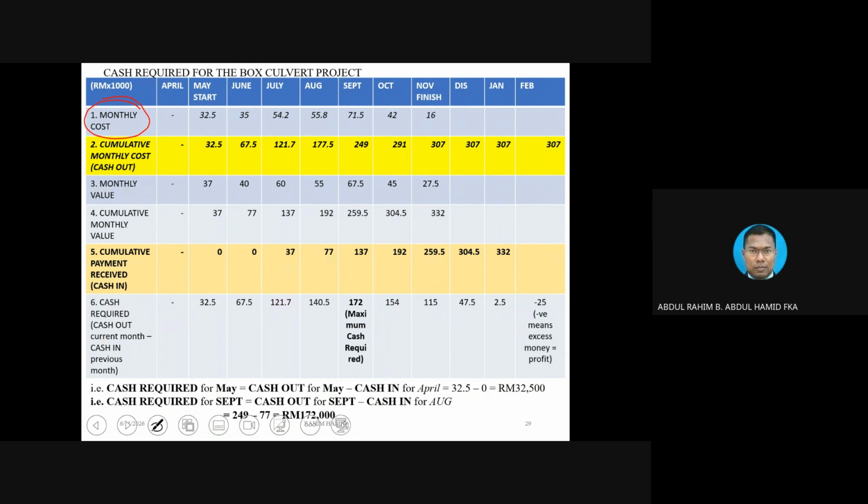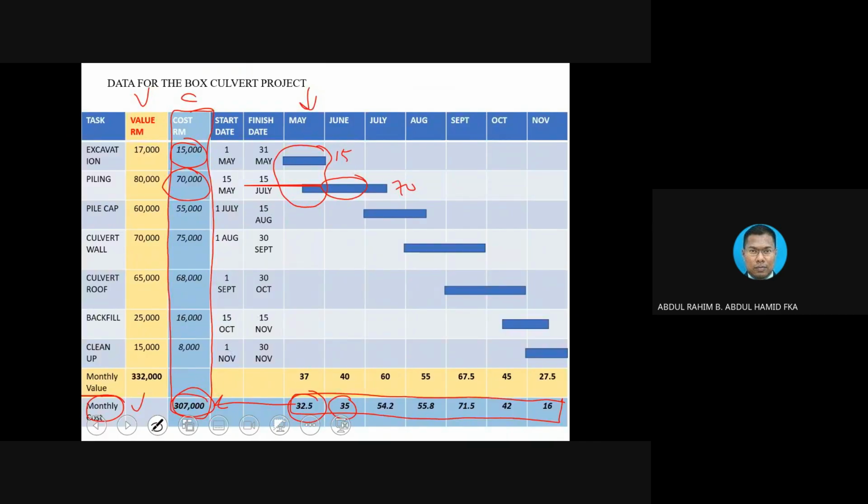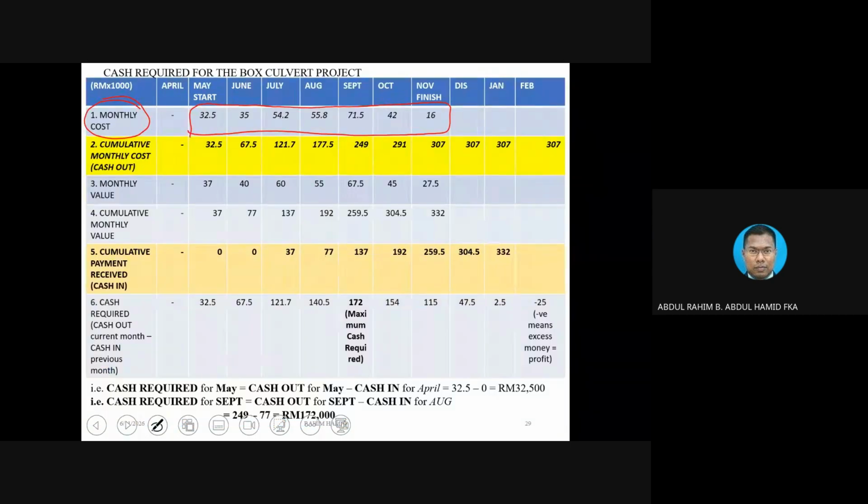Okay, monthly costs. Where does this amount come from? Well, from here. This is the table that we already calculated before. So I just simply put it inside the first row there. And then in the second row, I convert this into cumulative.